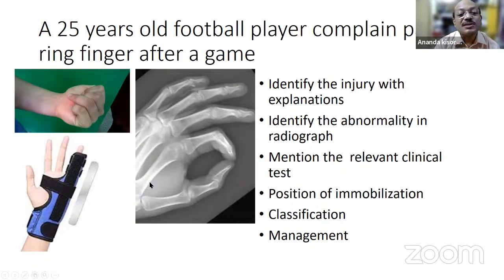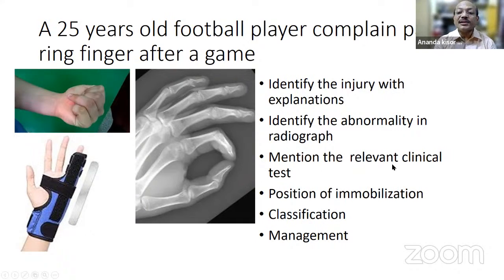This is the oblique view of the hand in a resting position. In the resting hand, all the PIP and DIP joints should be flexed. But see the ring finger, it is relatively extended compared with its congener, the little finger. So this abnormal radiograph shows an abnormal extension attitude of the DIP joint of the ring finger.